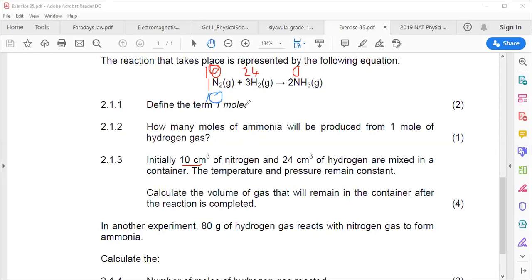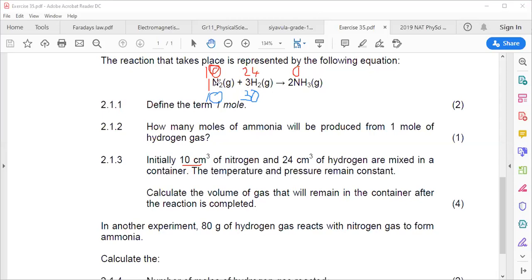The ratio is 1:3. How much do I need here? I need 30, so that it reacts in the ratio 1:3. Do you follow? If I've got that 30 here, how much am I going to form here?